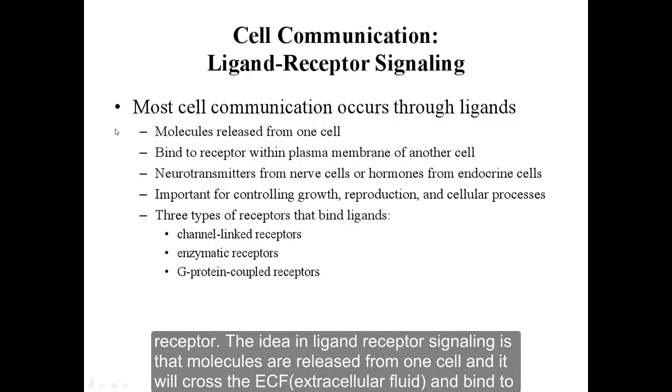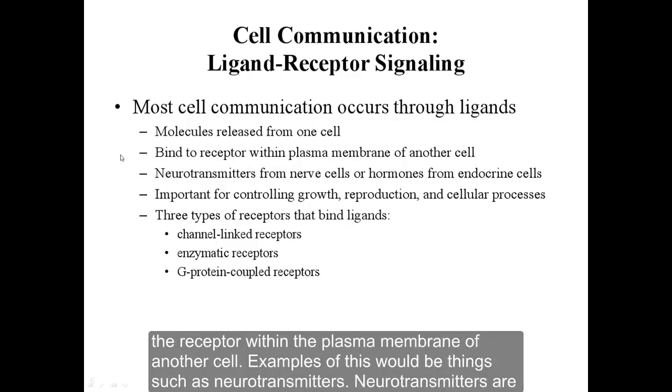The idea in ligand receptor signaling is that molecules are released from one cell and will cross the ECF, or the extracellular fluid, and bind to the receptor within the plasma membrane of another cell. Examples of this would be things such as neurotransmitters.